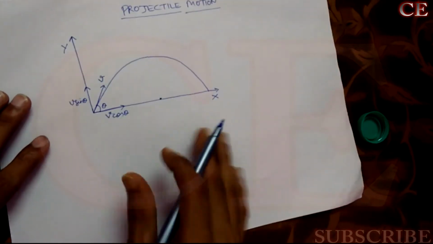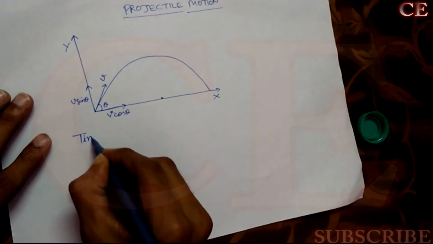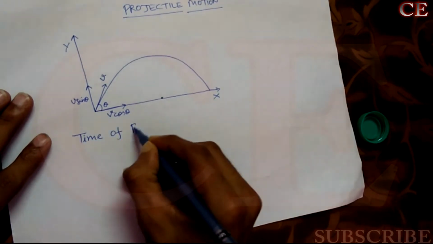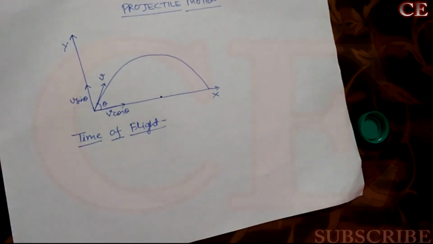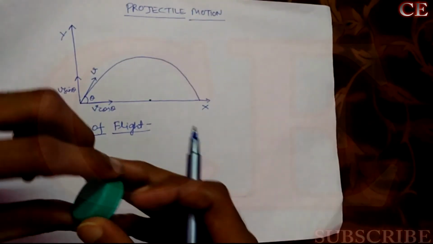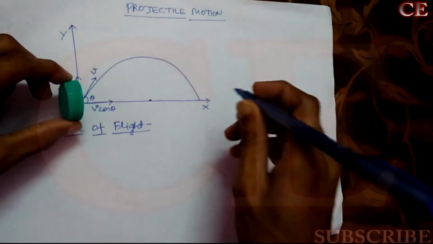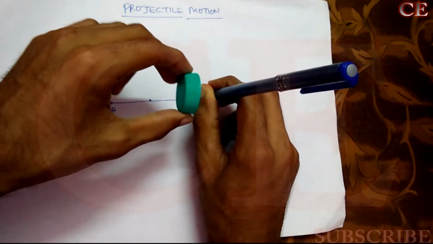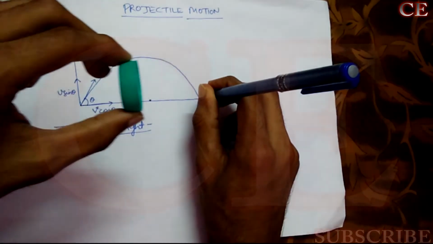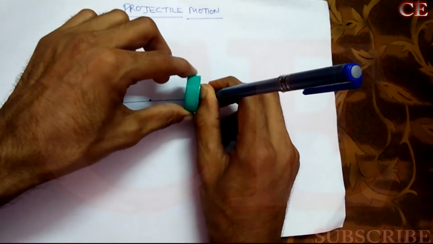Let's start with the time of flight. How will we find the time of flight? When the ball is thrown in this manner, first of all the ball reaches the top, and it will take the same time to come down to the bottom.